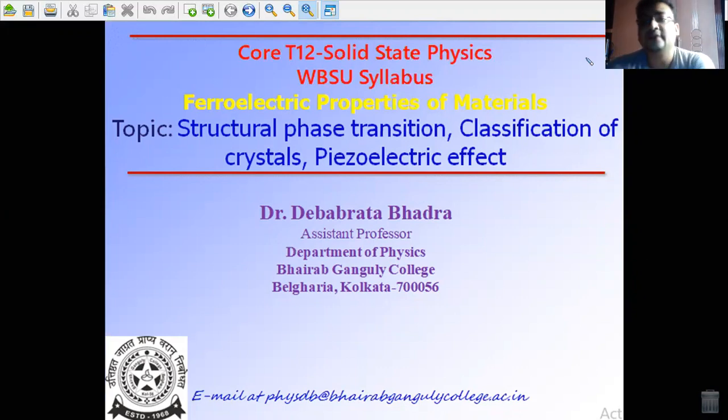Thus there is a close relation between the optical and the dielectric properties. In some solids, below a critical temperature, the polarization may freeze in. This is the phenomenon of ferroelectricity, which we will also discuss in the successive slides.